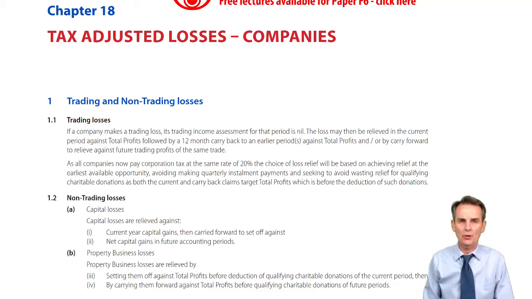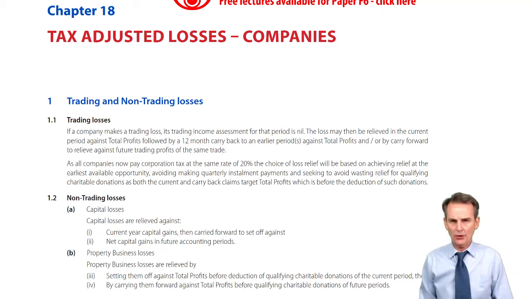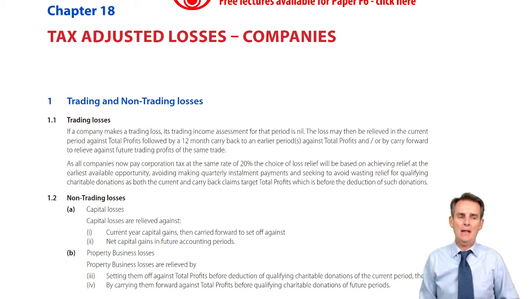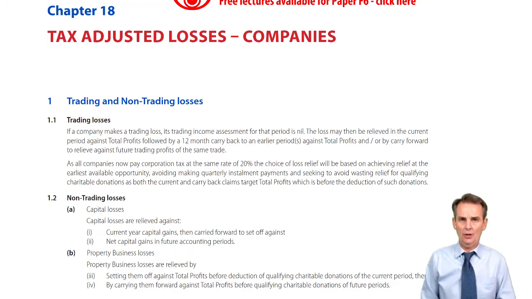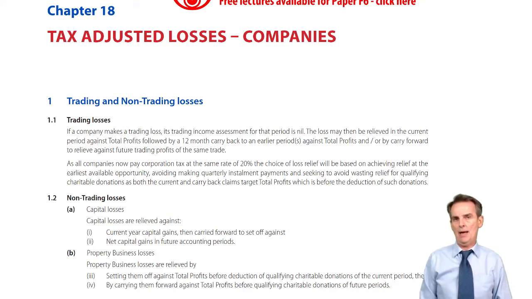What we will see in corporate tax is any loss sustained in the last 12 months of trading is eligible for this terminal loss relief. And all it means is that instead of only going back 12 months, 1 year from the beginning of the period of loss, with terminal loss relief, you can go back 3 years from the beginning of the period of loss. A 3-year carryback instead of a 1-year carryback.